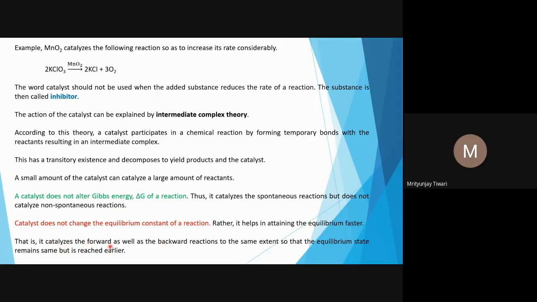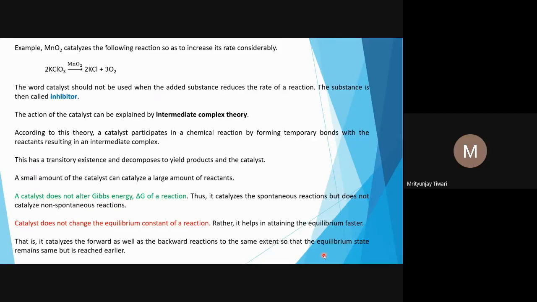It means it catalyzes the forward as well as backward reaction to the same extent, so that the equilibrium state remains the same but is reached earlier. Since the rate constants of the forward reaction and backward reaction increase by the same amount, the ratio k forward divided by k backward doesn't get affected, and that ratio is the equilibrium constant.